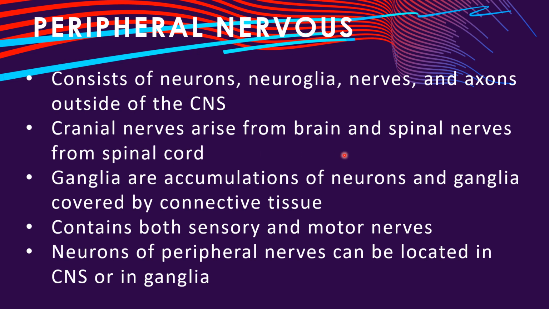Your cranial nerves arise from the brain and spinal nerves from the spinal cord. The ganglia are accumulations of neurons, and the ganglia are covered by connective tissue. The PNS contains both sensory and motor neurons, and the neurons of your PNS can be located in the CNS or in the ganglia.